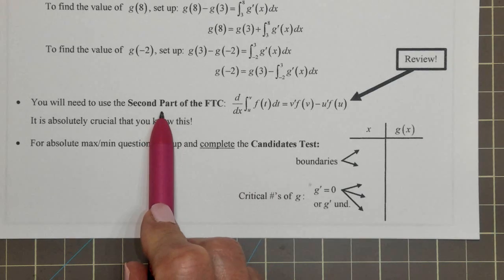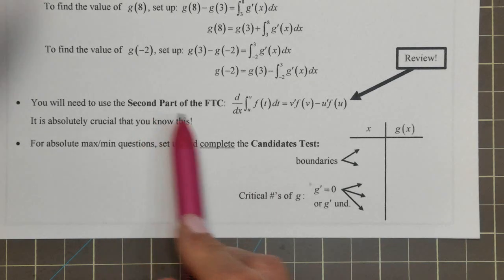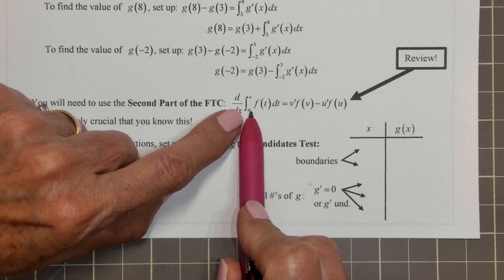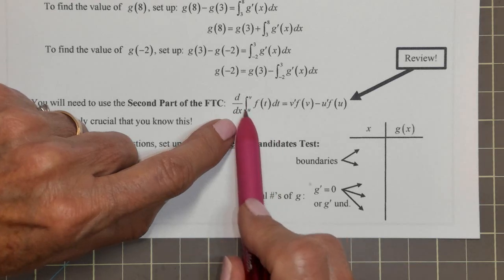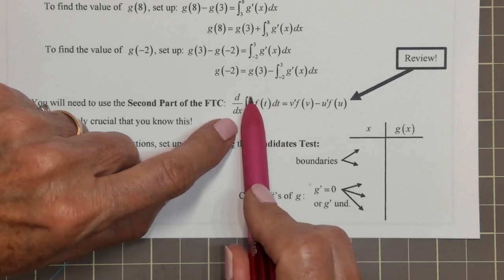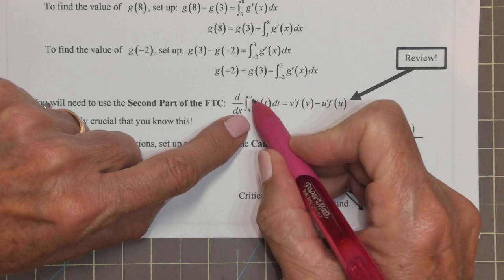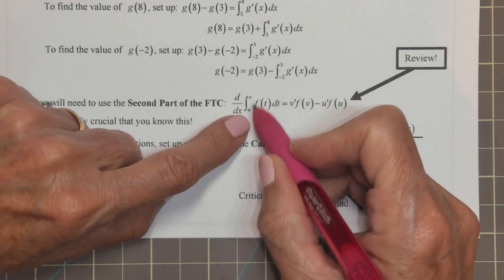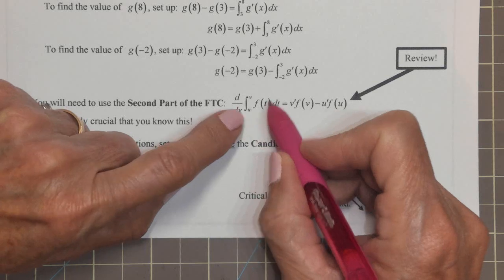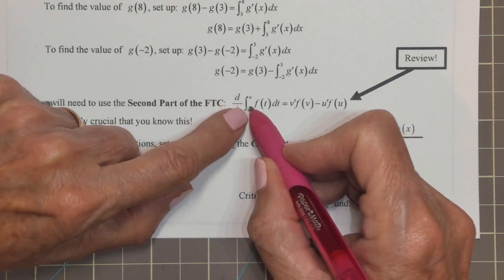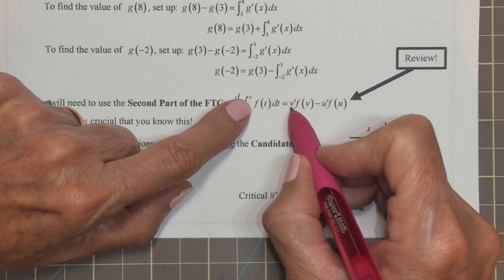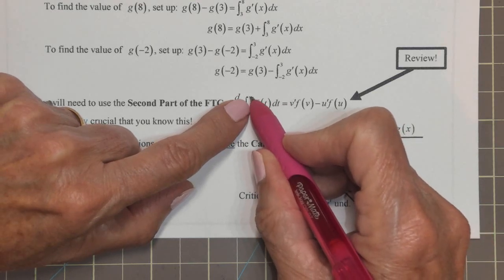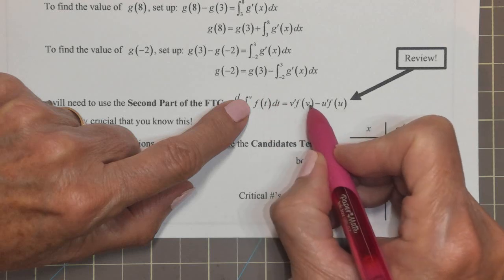Let's not forget the second part of the fundamental theorem: the derivative of an integral with boundaries. I make it this general one so that u and v could both be functions of x. For the derivative of a definite integral, start at the top, take its derivative, then plug that boundary in for t.